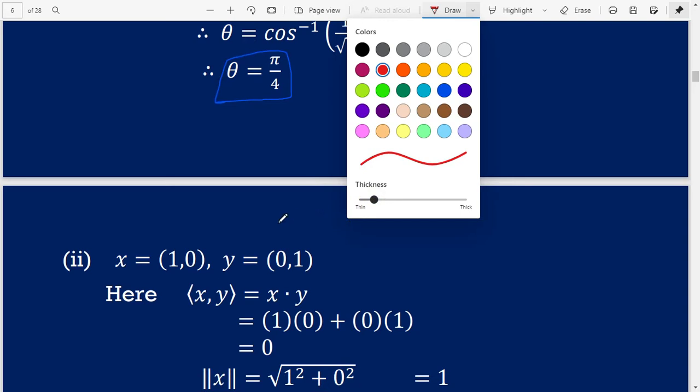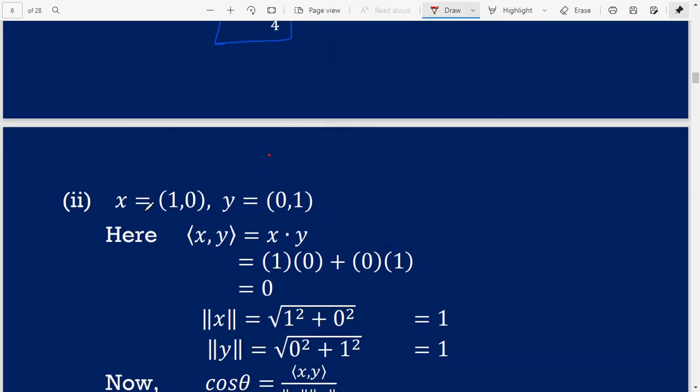Now we see the next example, where x is equal to (1, 0) and y is equal to (0, 1). So inner product x with y is equal to x dot y, which is 1 into 0 plus 0 into 1.